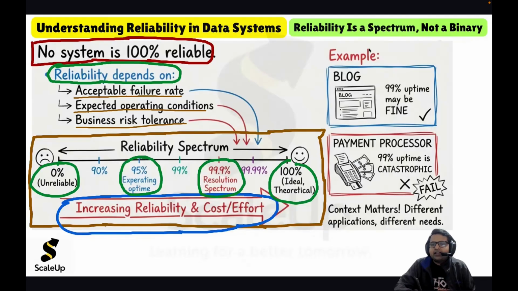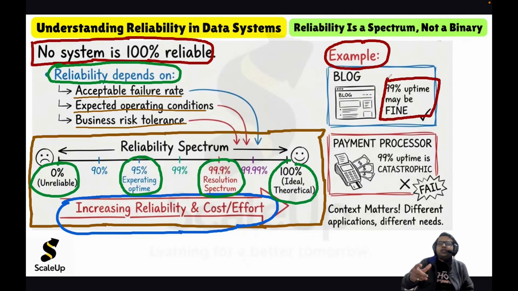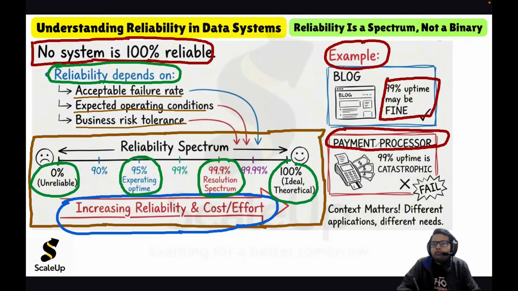Let us look at an example of a blog. We say that 99% uptime may be fine. So here the measure of reliability is 99% uptime. For a blog, 99% uptime is fine, but for a payment processor, 99% uptime is catastrophic. Why is it catastrophic?